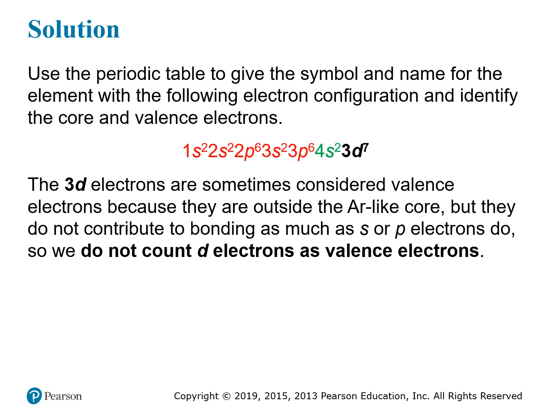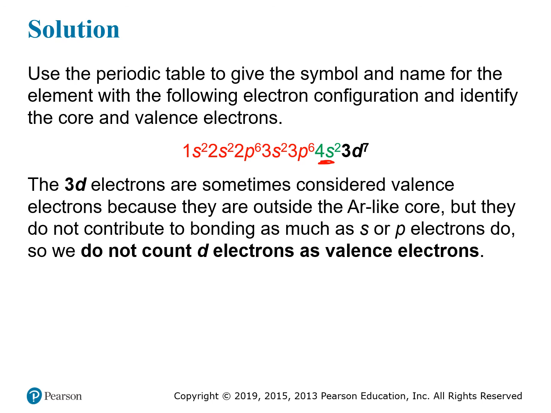They don't have a closed energy level or a completely filled energy level. So they're not part of the argon core. They're in addition to that. But they don't really contribute to bonding and chemistry in the same way that the highest energy level electrons do, in this case the 4s electrons. So we don't really need to consider them as much.